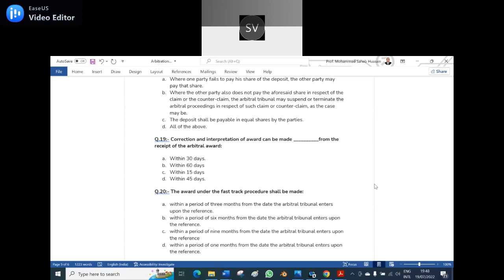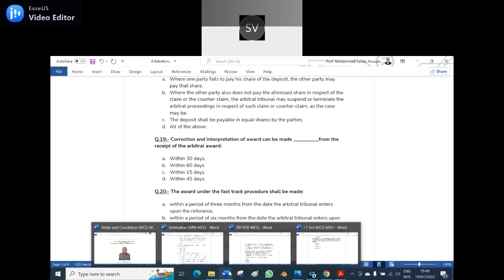Whether it is 3 months or 6 months or 9 months or 1 month. It's option A, 3 months. Then fast track generally means 1 month. Okay, 1 month. Option D. No, it's option B, 6 months, within a period of 6 months from the date the arbitral tribunal enters upon the reference. It is called fast track.